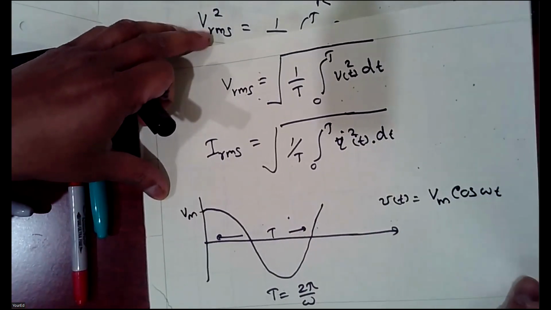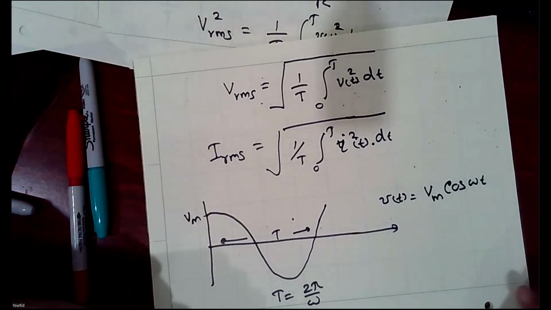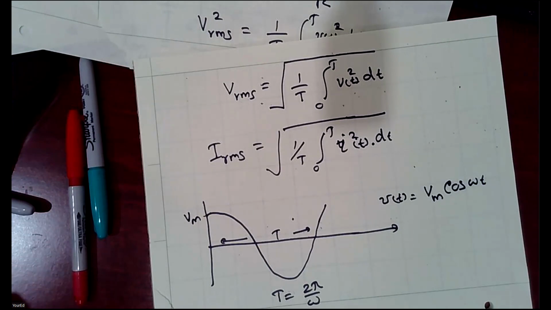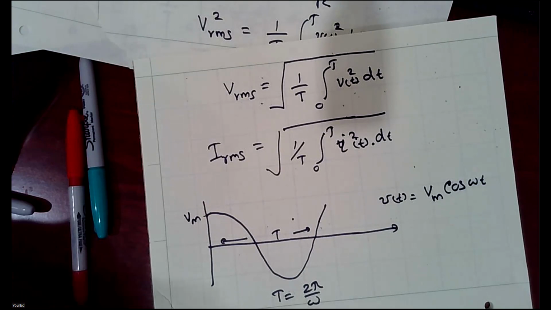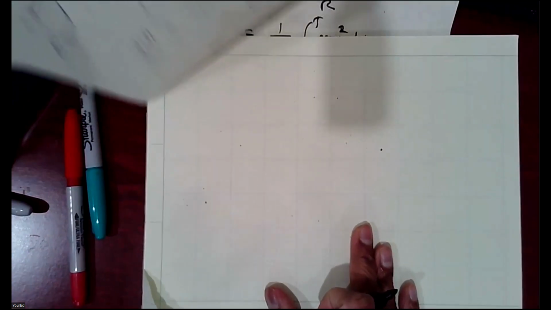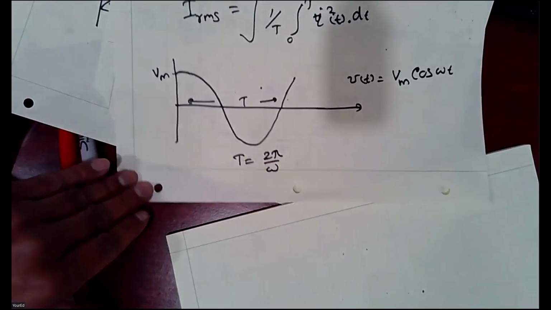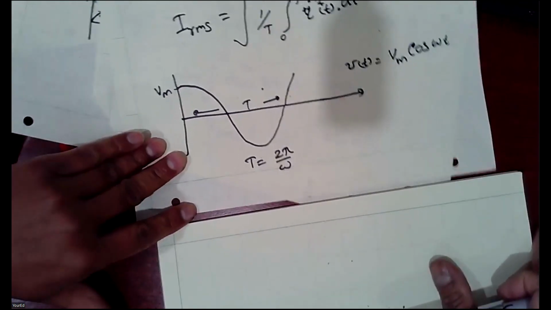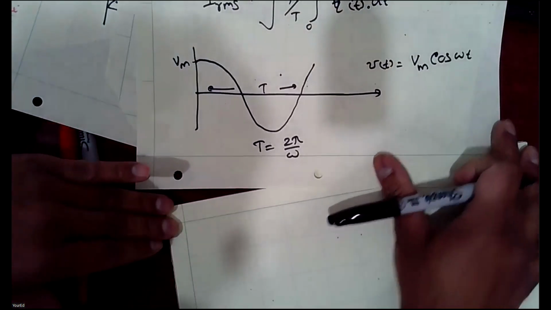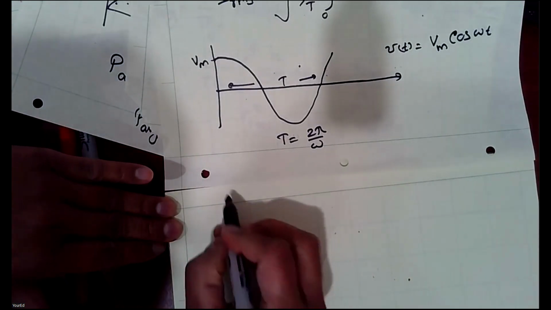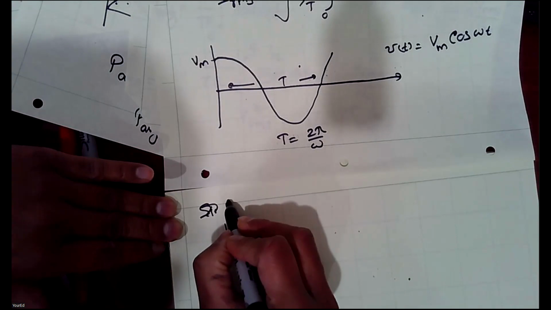So you can think why we select a sinusoidal waveform, because in a lot of circuits you have generators that generate a sinusoidal waveform. And the sinusoidal waveform has very little interference, no noise. So electrical engineers prefer to work with sinusoidal waveform. They apply sinusoidal to different circuits. And the response of a linear circuit, when you give a sinusoidal input, is also sinusoidal. Therefore, sinusoidal circuits play an important role. So we first calculate the RMS value for sinusoidal or cosine.